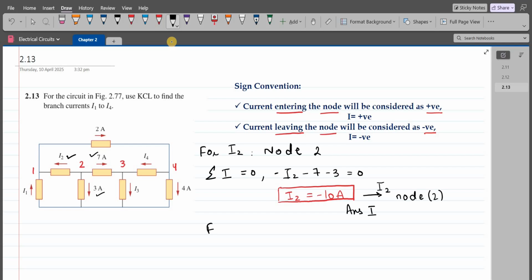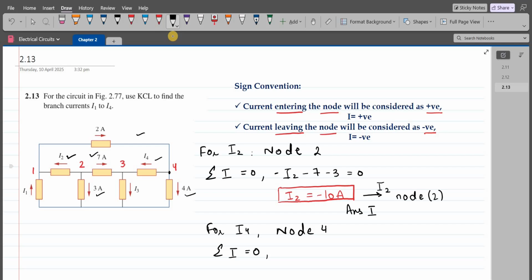Now for I4, I can consider the node 4. Again applying the KCL, summation of current entering and leaving the node equals 0. So 2 amperes is entering the node 4.